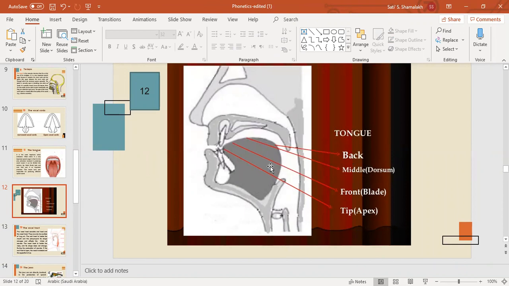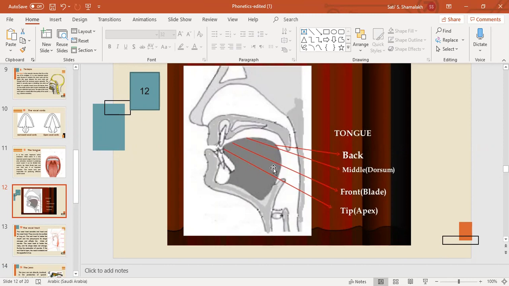Here are the parts of the tongue, and we are focusing on them because they are very important in producing sounds. You will learn that when we use the tip, we produce one sound, when we use the front, we produce a different sound, and when we use the back, we produce another sound.